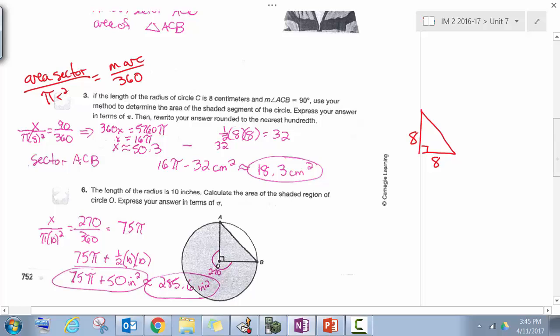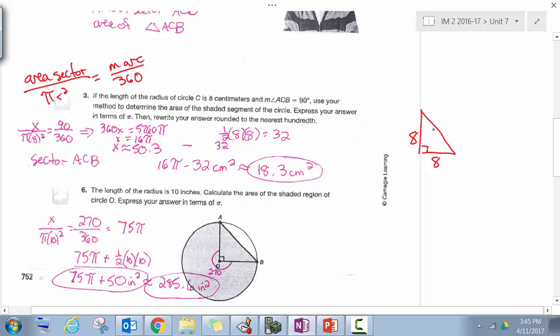So the area of the sector, we don't know, that's x. Pi r squared, it's pi times 8 squared. Measure of the arc's 90, it's a right angle, over 360. We cross multiply, we get 360x equals 5760 pi. Divide by 360, x equals 16 pi, or 50.3.